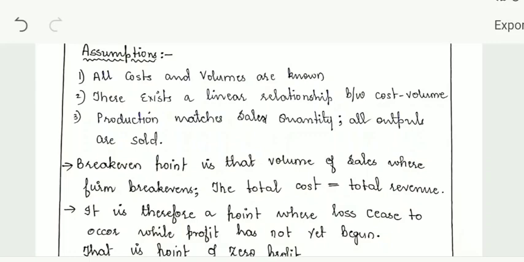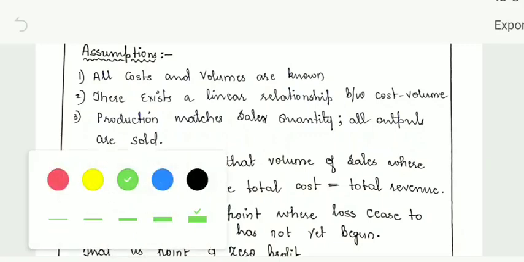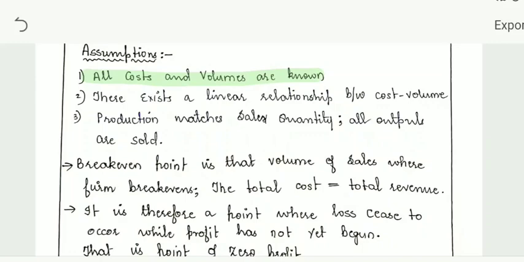Then you will decide what the variable cost involved is. Then you will decide how much investment you have made, or what the fixed cost is for that particular thing. All together, only then will you be able to calculate how much revenue you want in return. So all the cost and volume should be known. This is very important.